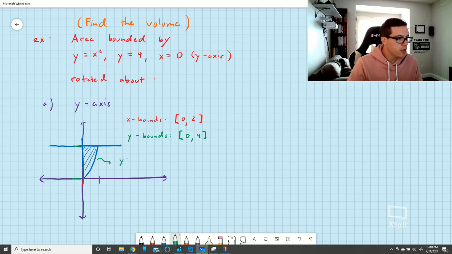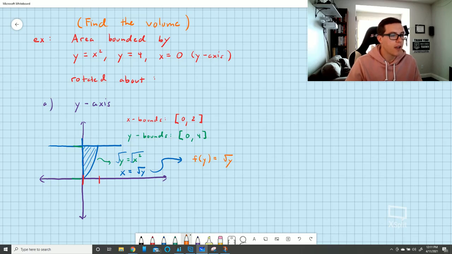One other thing. This function is y equals x squared. It makes sense to get the functions in terms of y now. Get them as functions of y. So we're going to solve for x, basically get x by itself. So we can square root both sides, and this is equivalent to x equals root y. Another way to think about it, and this is a little weird, we don't do this a lot, but we can talk about f of y, the function in terms of y, is square root of y.